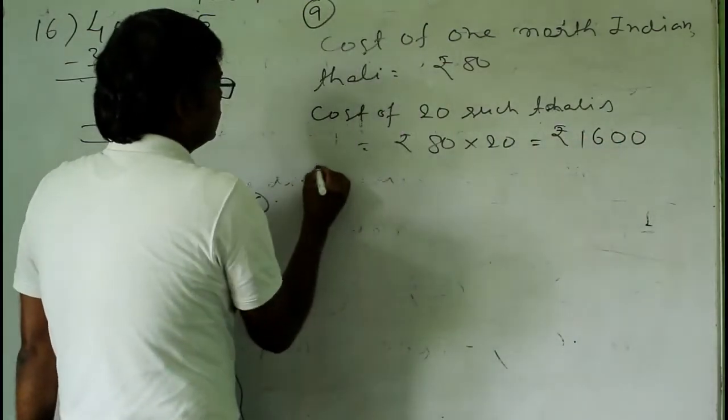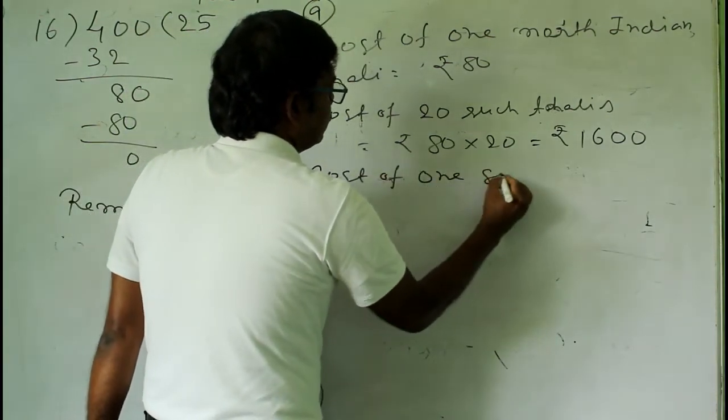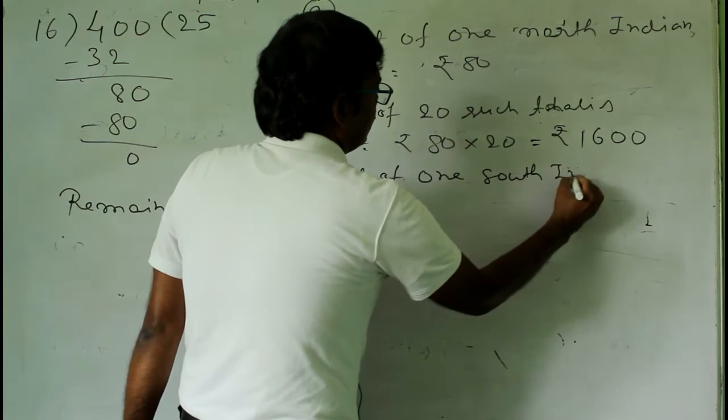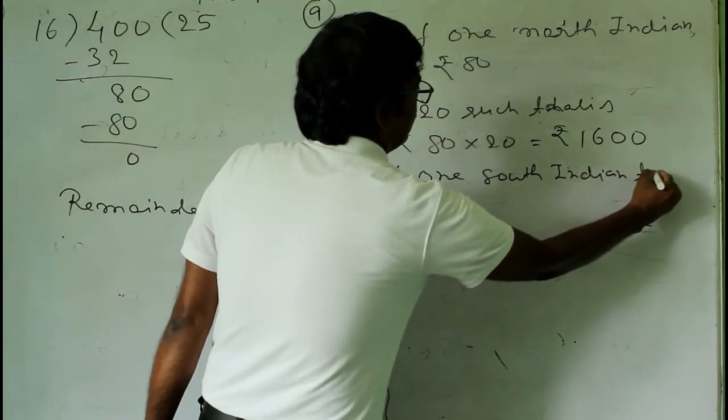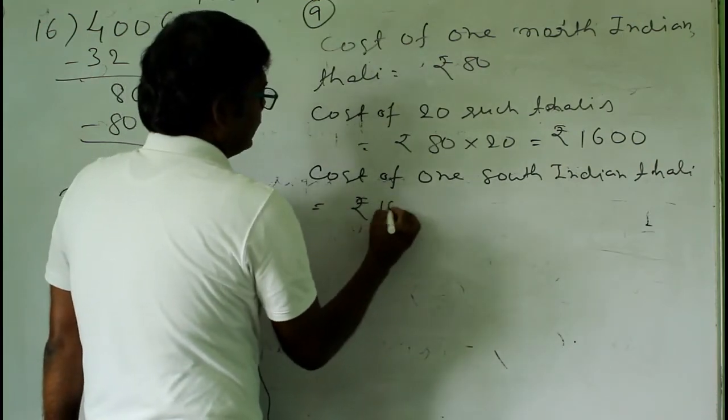Now the cost of one South Indian thali equal to how much? Rupees 100.